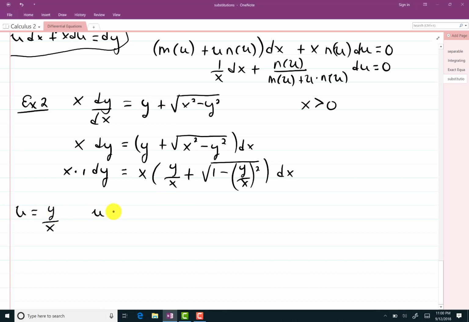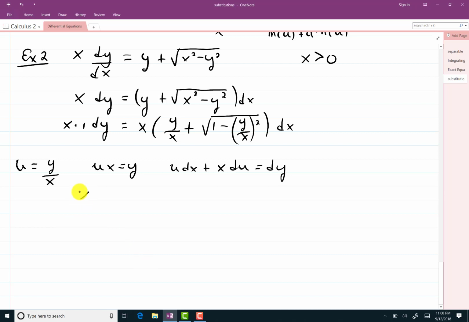which is the same as ux equals y, or du, let me do it straight up, I'll have u dx plus x du equals dy. And I wouldn't plug it into this thing. I'm going to start with the original one and work it.